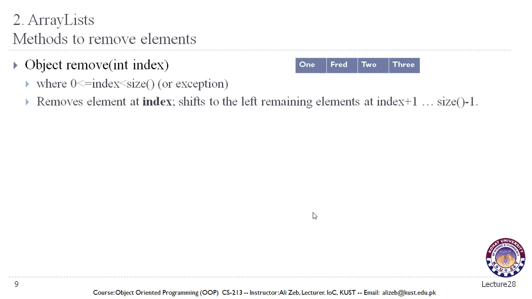So we have this array list, and if you want to remove an element at the start of the array list, at position 0, then Fred will be moved to 0, 2 will be moved to 1, 3 will be moved to 2. This is the case where we want to remove the first element of our array list.